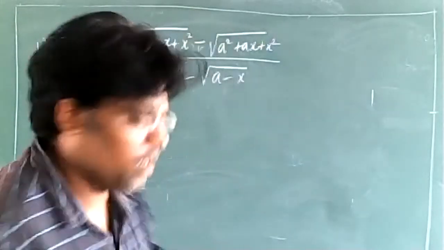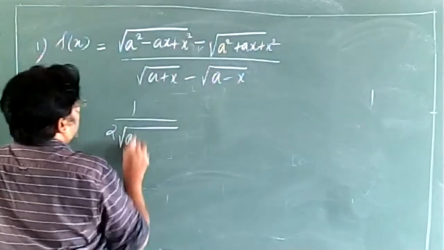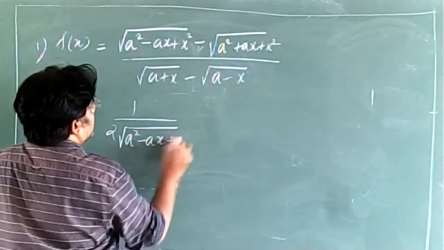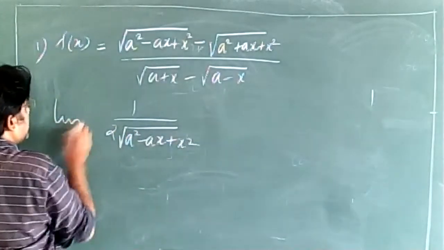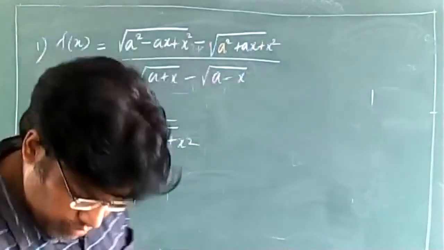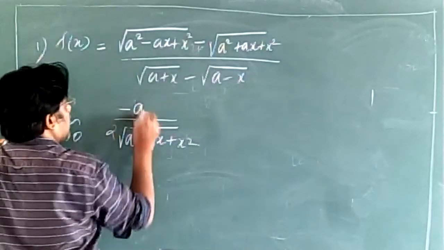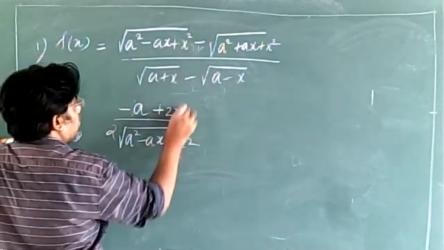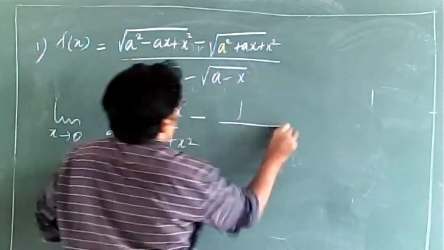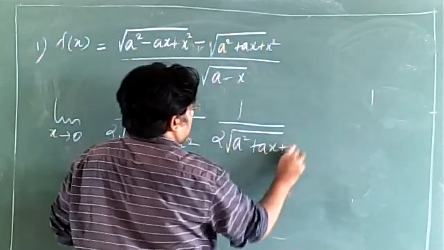Okay, if possible, I will do it now. This is 1 by 2 root of a square minus ax plus x square. At the point x is equal to 0, you get it. Right? It is given at x is equal to 0. Now, differentiation of minus ax is minus a, and x square is 2x, minus 1 by 2 root of a square plus ax plus x square.